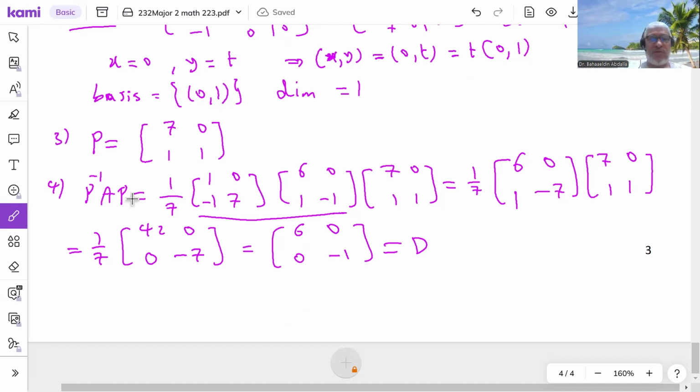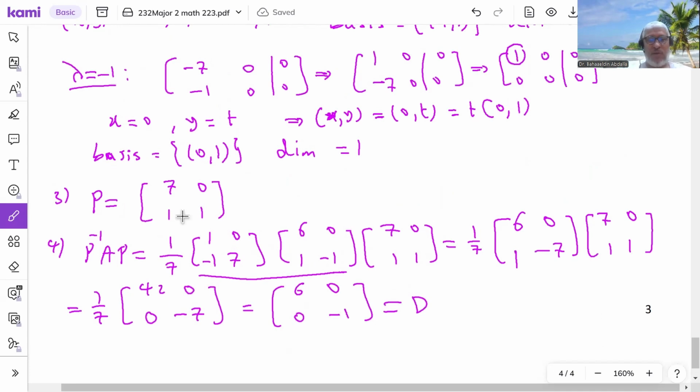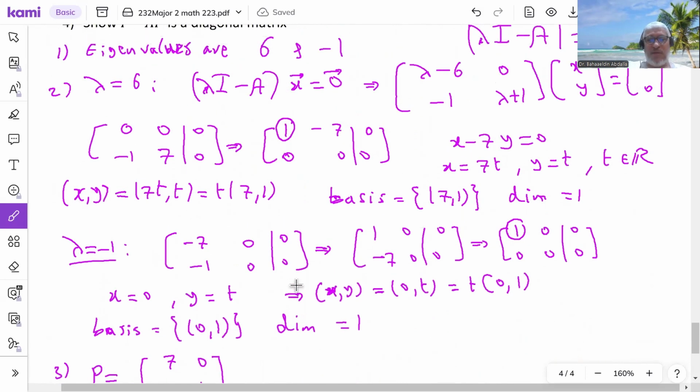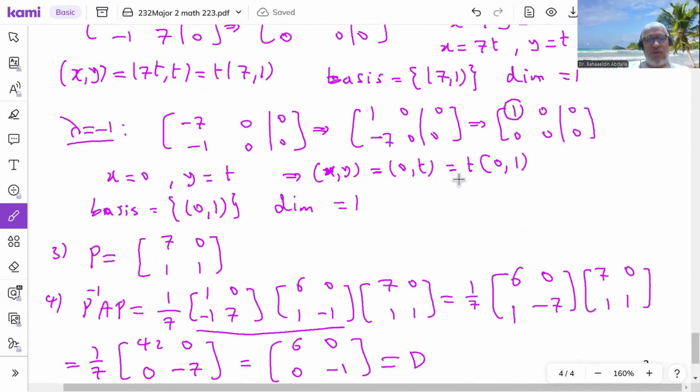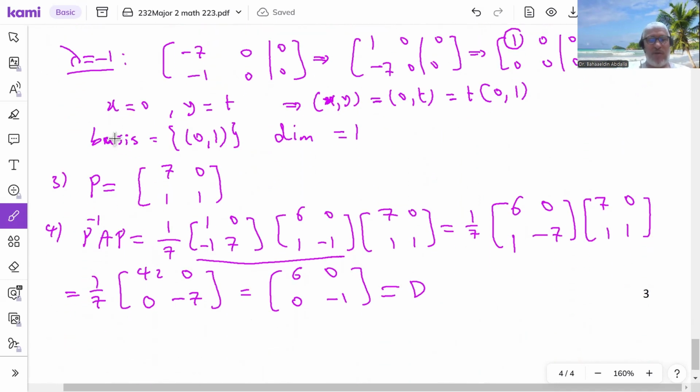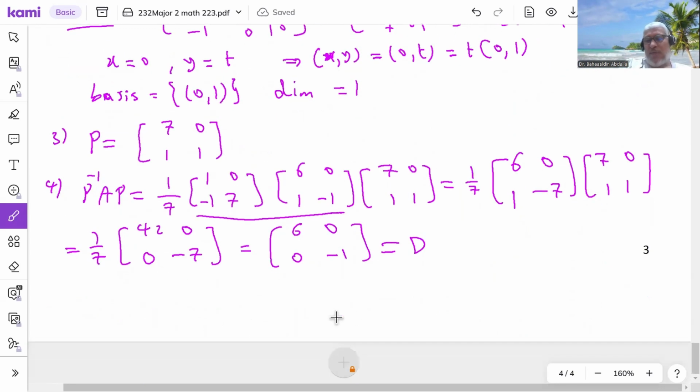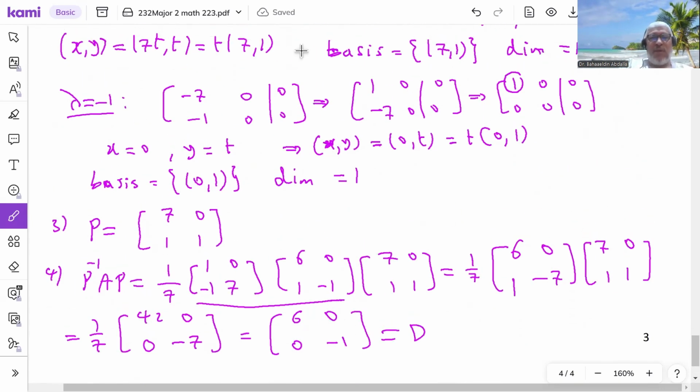And since I wrote 7, 1 here in B, you should see 6 here, because 7, 1 is the eigenvector corresponding to 6, and 0, 1 corresponds to negative 1. So I'll have negative 1 here. If you write P as 0, 1, 7, 1, you will have negative 1 and 6 here. That's the answer, and I hope you enjoyed solving this exam with me.